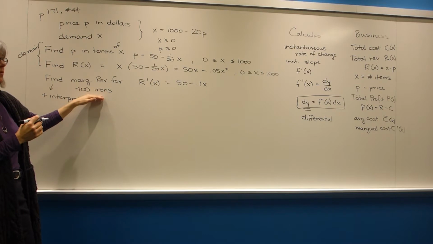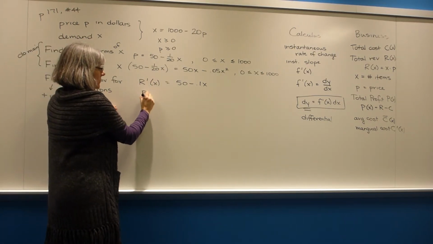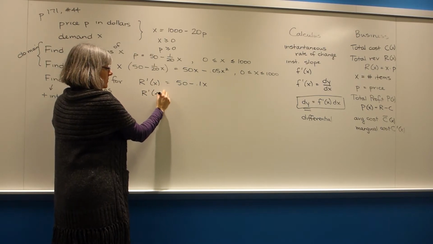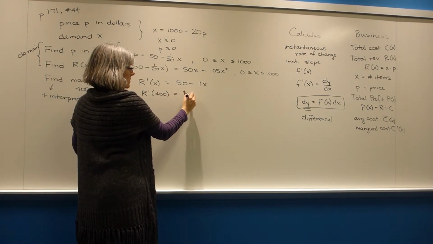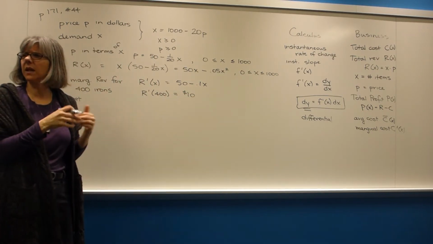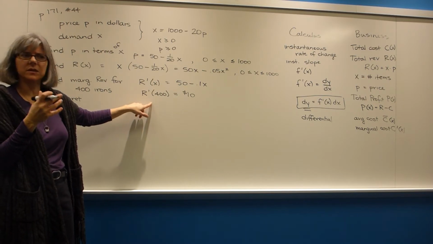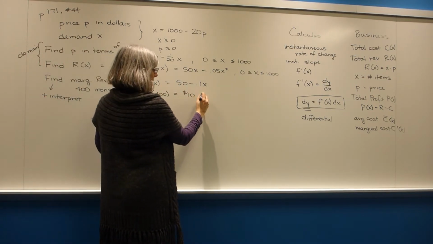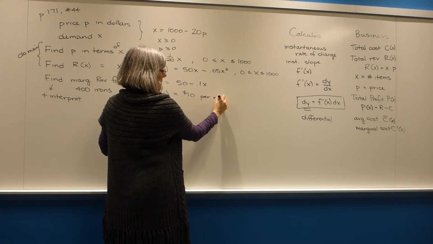So what's the marginal revenue that we're projecting based on 400 irons? So just put in 400. 50 minus 40, so 10. This is a derivative, so it's not just dollars. For the next iron? Yeah, for the next iron. $10. I'm going to just say per next iron.